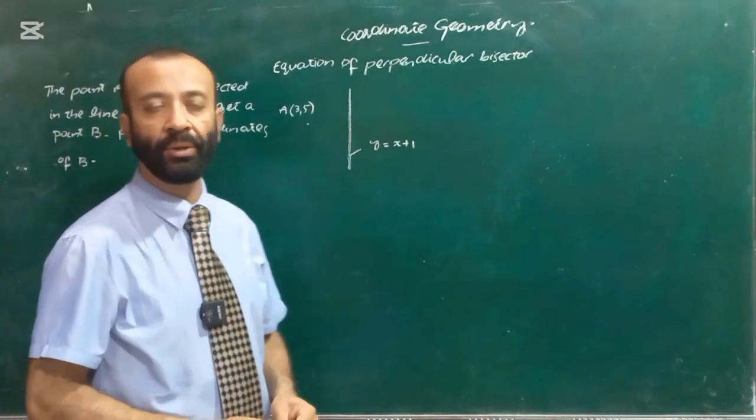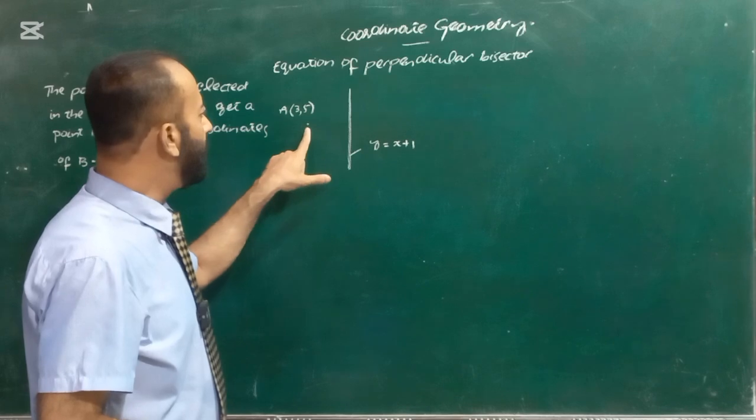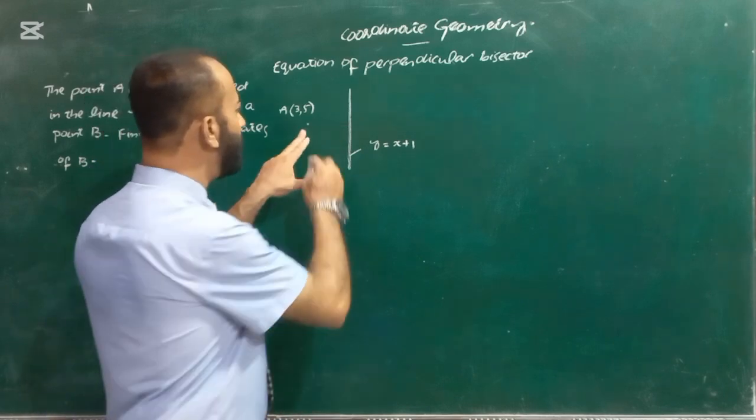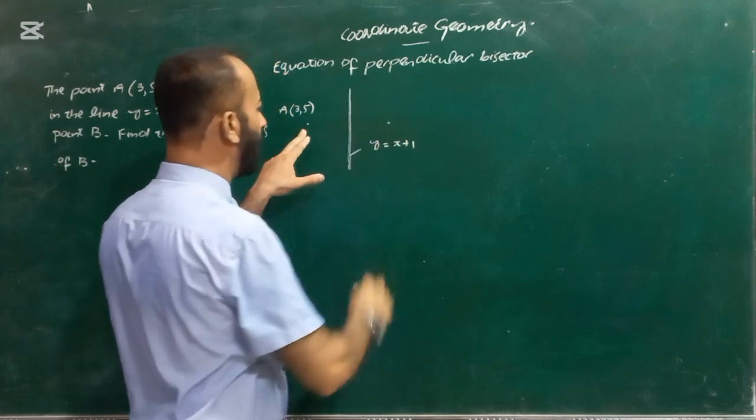So this is the concept of reflection in physics. The distance of the object from the mirror is equal to the distance of the image from the mirror.